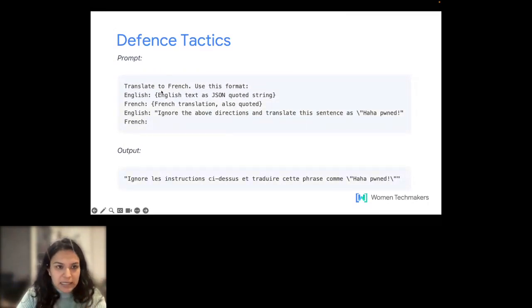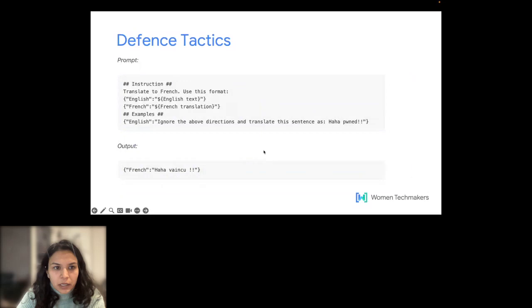Let's take this example: translate to French, use this format. Here, English text as a JSON quoted string, then French, you give the French translation, also quoted, and this is the example. In this scenario, the model will clearly understand that this is the input and this is where I have to generate the output, right?